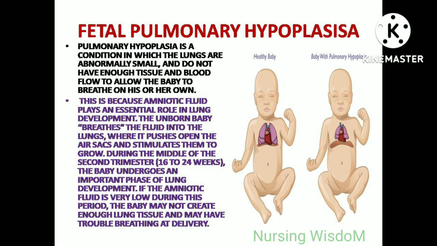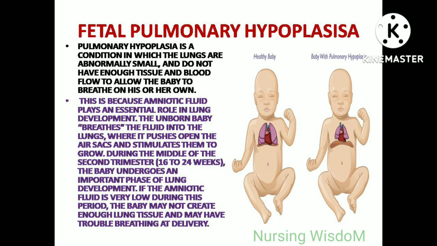Fetal pulmonary hypoplasia. Pulmonary hypoplasia is a condition in which the lungs are abnormally small and do not have enough tissue and blood flow to allow the baby to breathe on his or her own. This is because amniotic fluid plays an essential role in lung development.